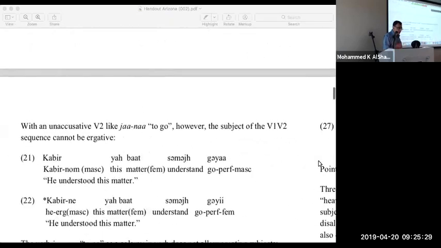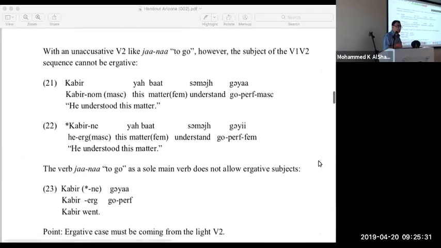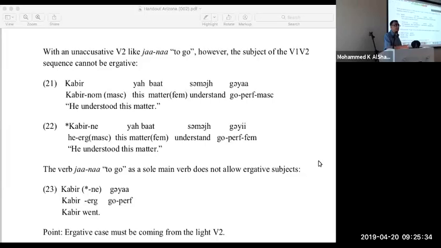With an unaccusative verb with light verb, you would predict, from what we've already seen, that given that unaccusatives don't assign ergative case, the subject will not be ergative in the transitive counterpart of 20, as in 21. And that happens to be true. So 21 has a nominative subject.